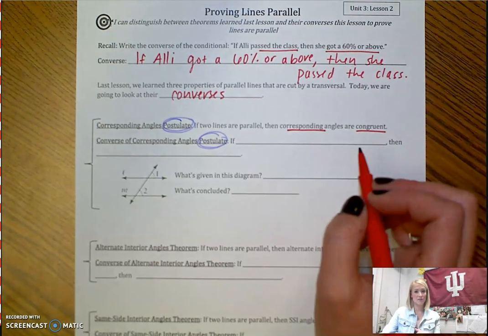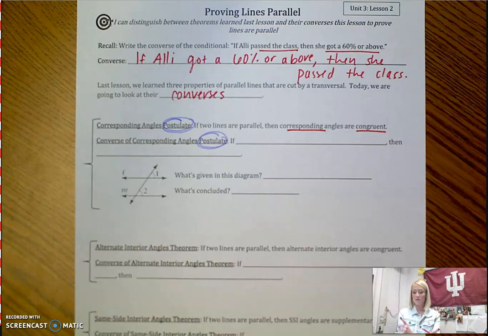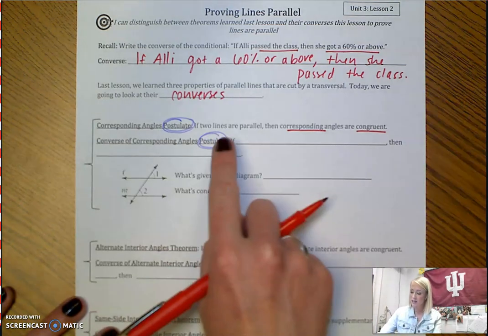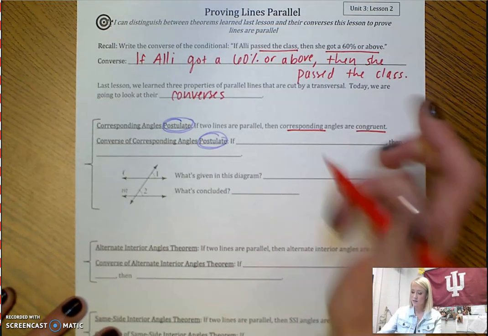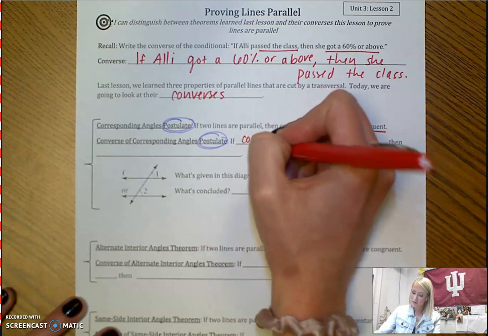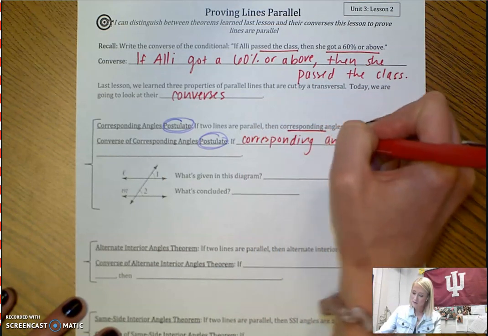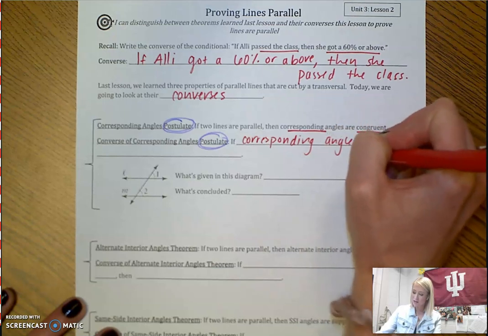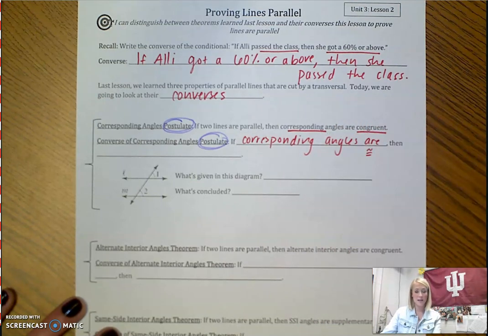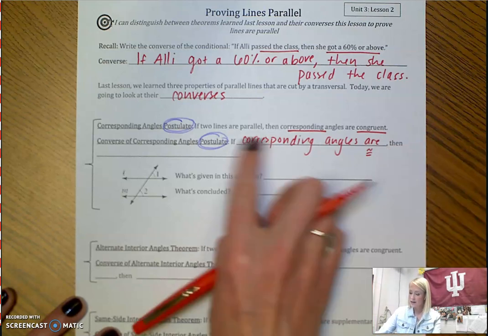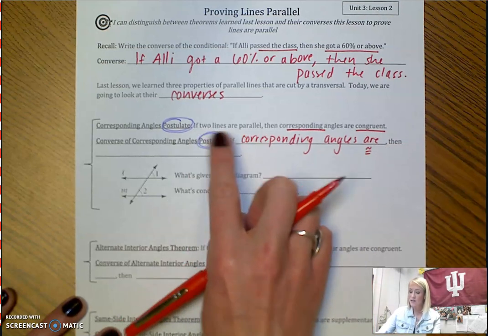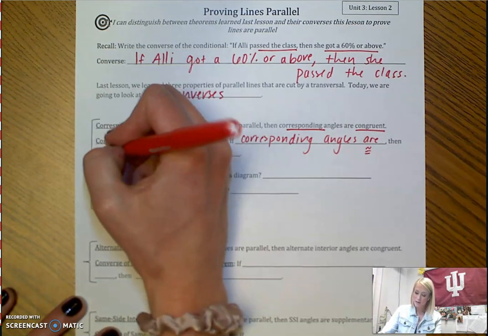Now, the converse of that statement, if I just flipped it around, would read: if corresponding angles are congruent, and I'm going to symbolize congruent there, then 2 lines are parallel.